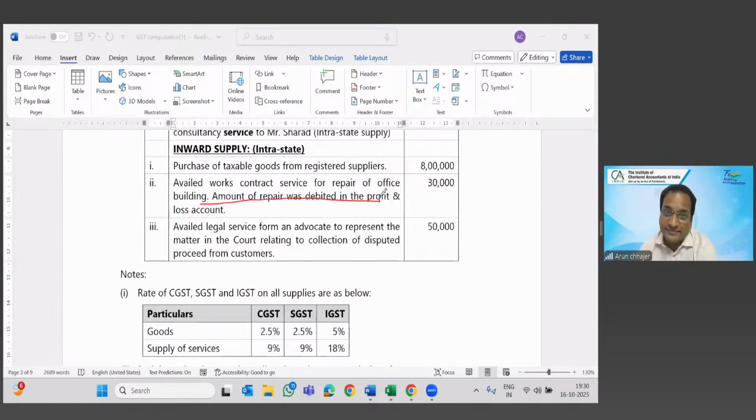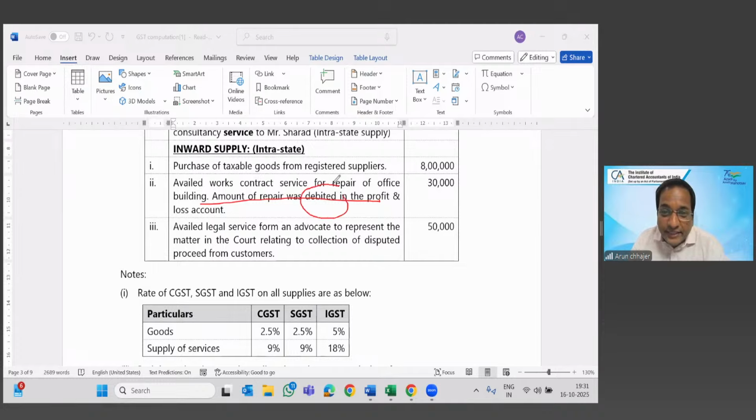Give me the correct answer. अगर मैं ये कहता हूं, if I'm saying that ITC, absolutely correct, Kuldeep. What is written in this question?